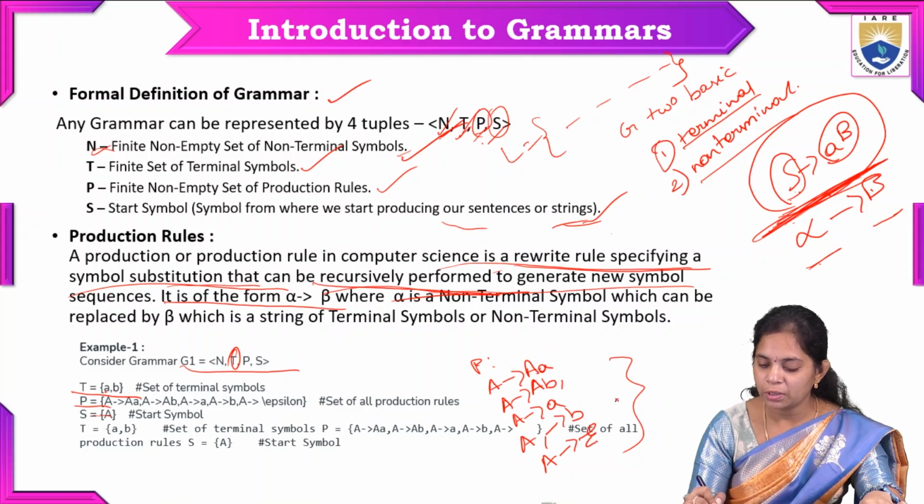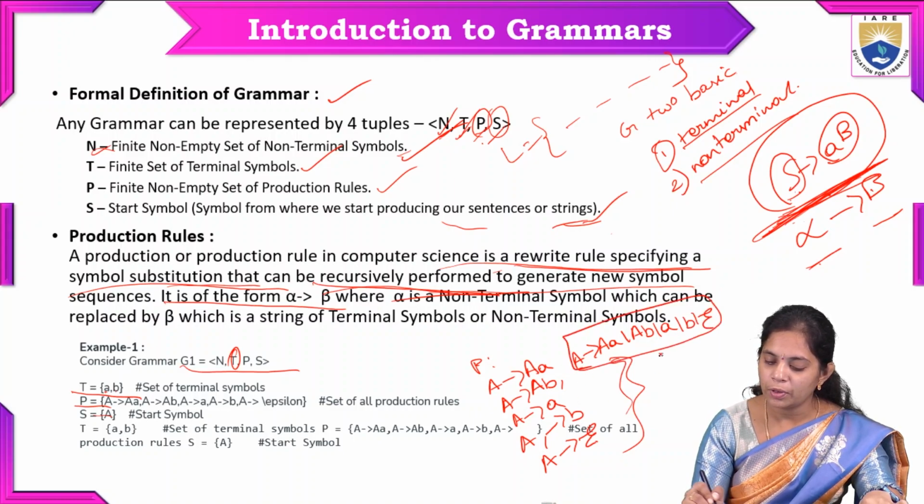All together we will write it as A tends to capital A, small a, and A, b, and a and b and epsilon. So this is the production rule we have.